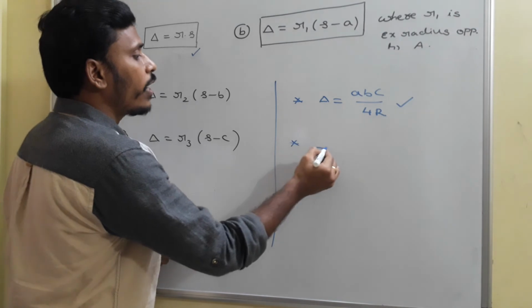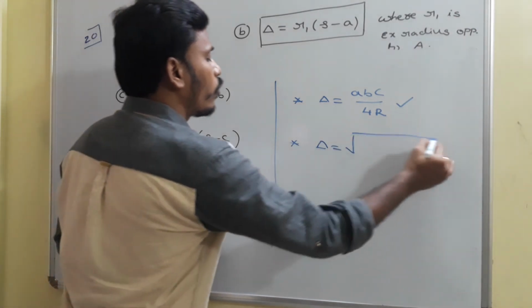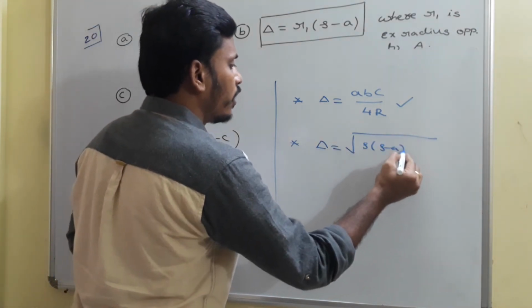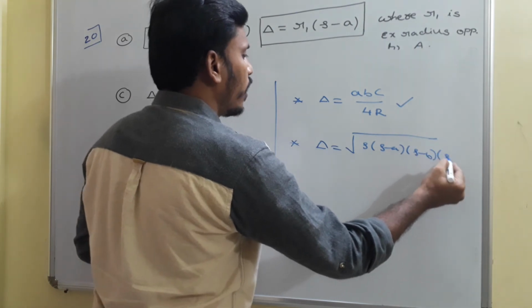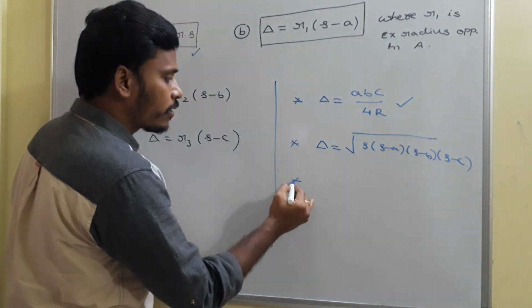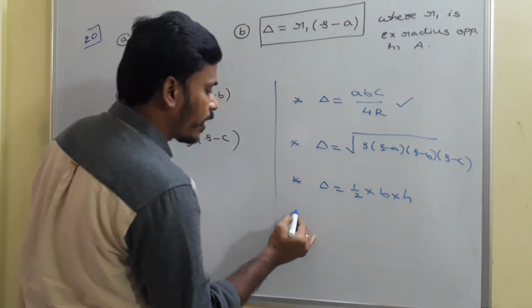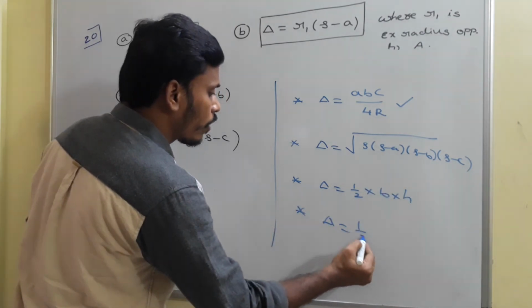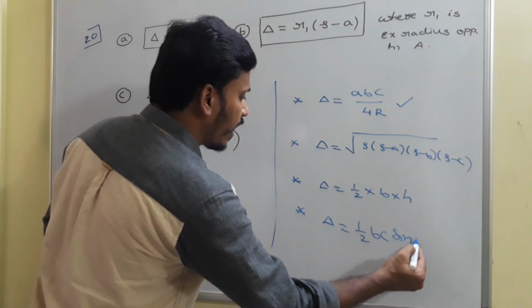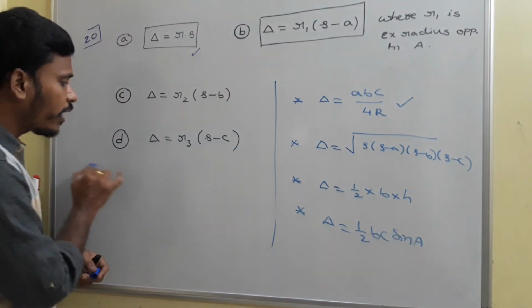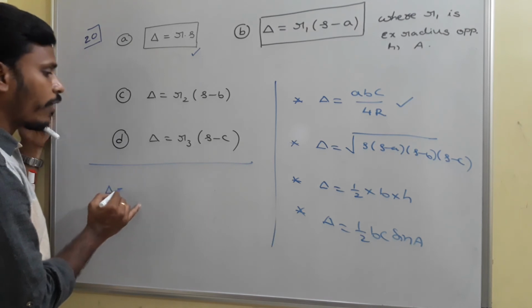Along with this, we still have some more formulas, like delta is equal to square root of S into S minus A into S minus B into S minus C, and delta is equal to half base into height, and delta is equal to half BC sin A. And if you convert everything in terms of the angles, we have another formula.